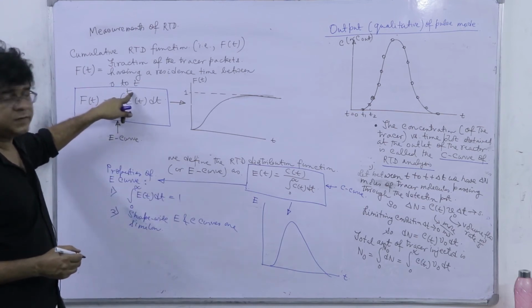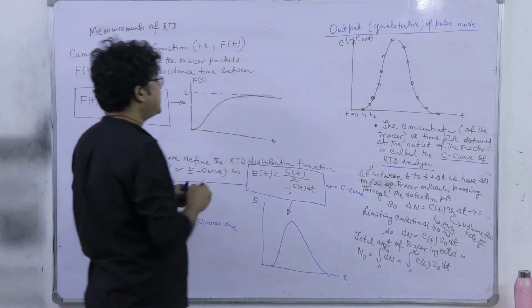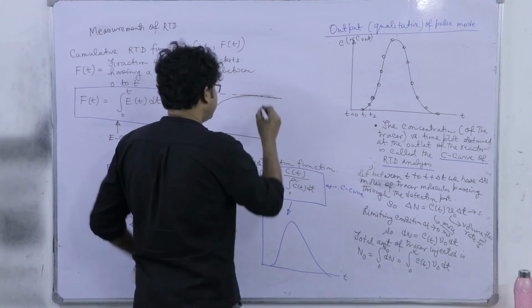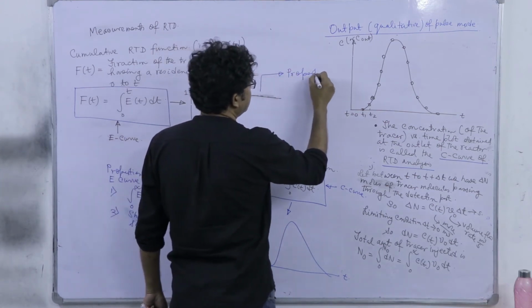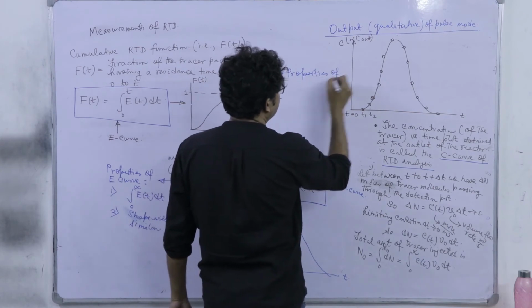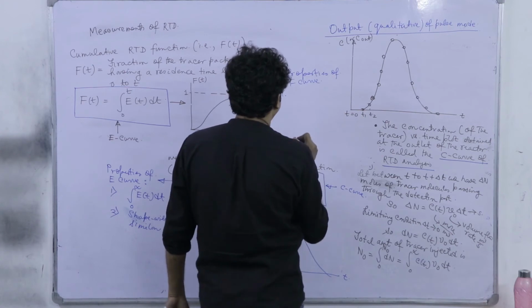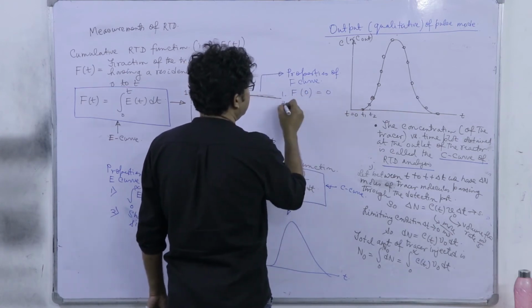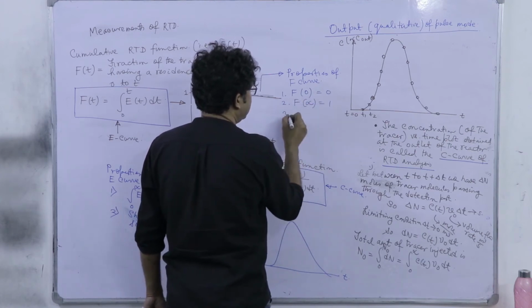When t goes to infinity, F must approach 1. So, properties of F curve. Number 1, F0 is 0. Number 2, F infinity equal to 1.